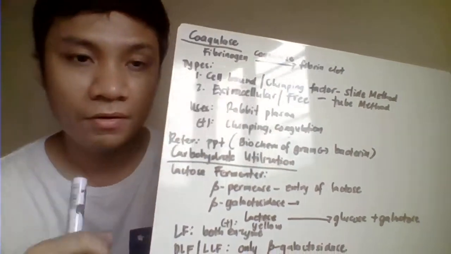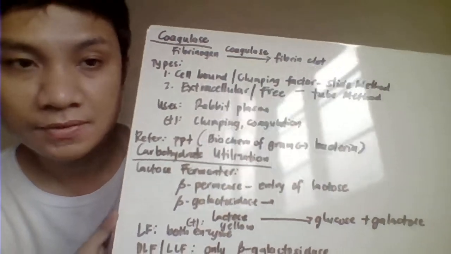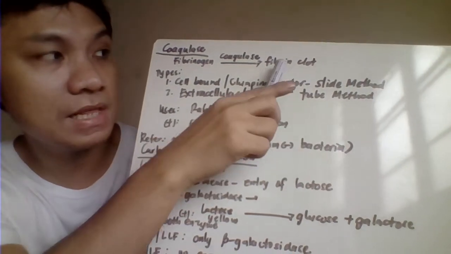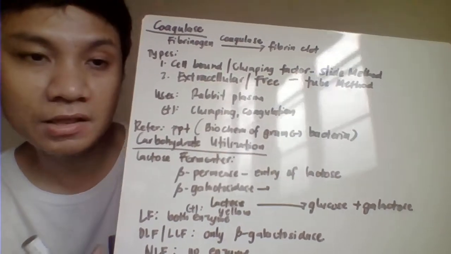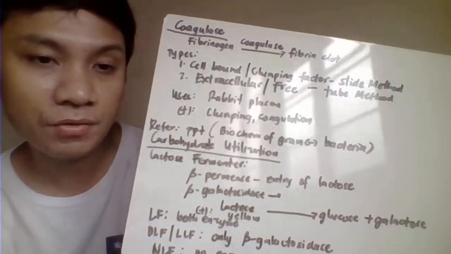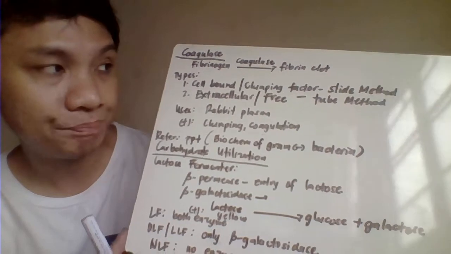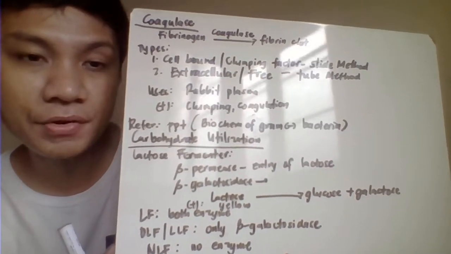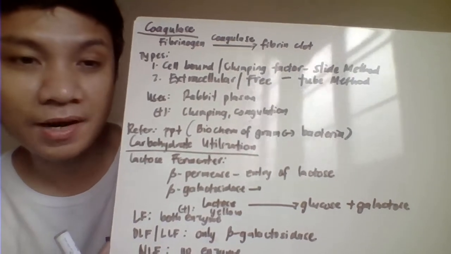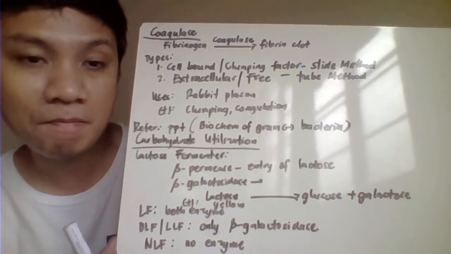Okay, another biochemical reaction, we have here the test for your coagulase. So coagulase is the enzyme that tries to convert your fibrinogen to your fibrin clot. Okay, so there are two forms or two types of coagulase. One is your cell-bound or clumping factor that could be detected here through your slide method. On the other hand, your extracellular or your free coagulase is detected here through your tube method.